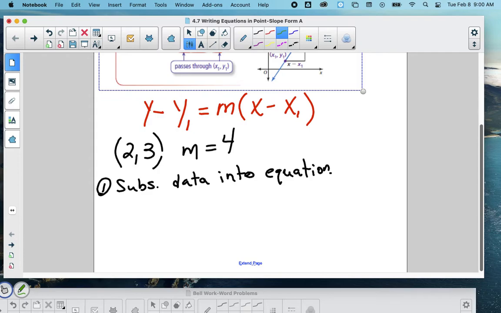So, I have y minus, what's my y in the set of points it gave me? 3. So I've got y minus 3 has to be equal to m, which is 4, times x that I do not know, but I do have one set. This x sub 1 is my 2. That's the data that it's given me.